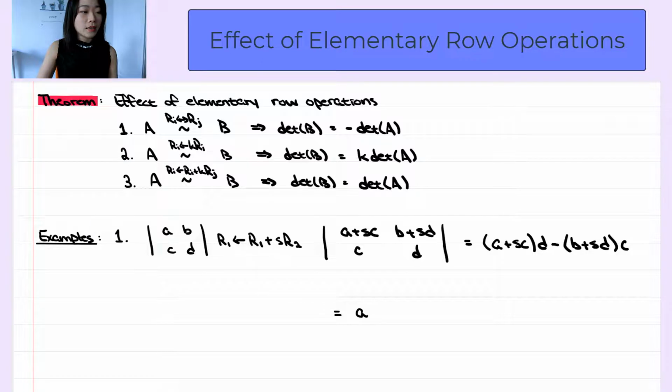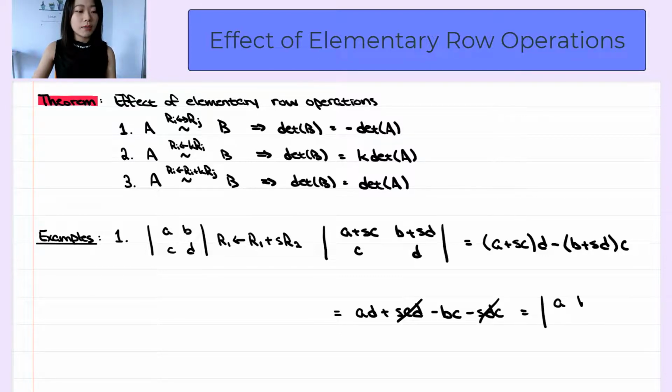We get A times D plus S times C times D, minus B times C, minus S times D times C. And note that the second term cancels out with the fourth term. So we are back to A times D minus B times C, which is the original determinant A, B, C, and D. And now we verify the third theorem. When we add a scalar multiple of another row to the row, then the determinant remains the same.